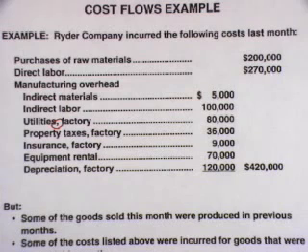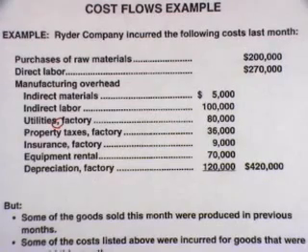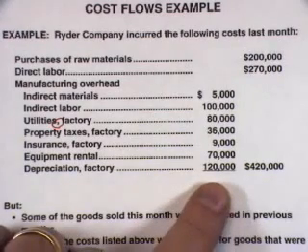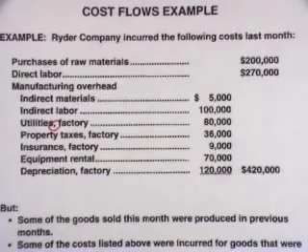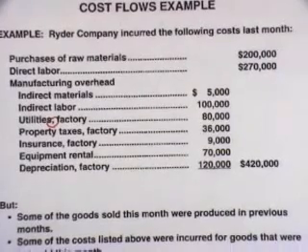Same thing with insurance premiums and depreciation. You may have a lot of things that you depreciate in your company, but only the machinery that's related to the factory is going to be part of this $120,000 depreciation here. Eventually, all the manufacturing overhead items add up to $420,000.